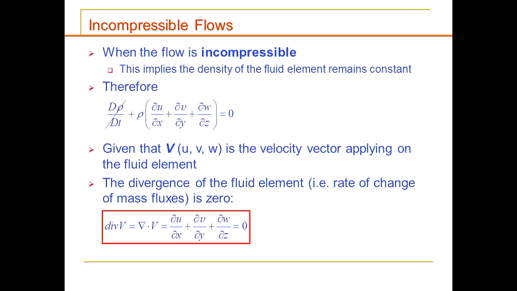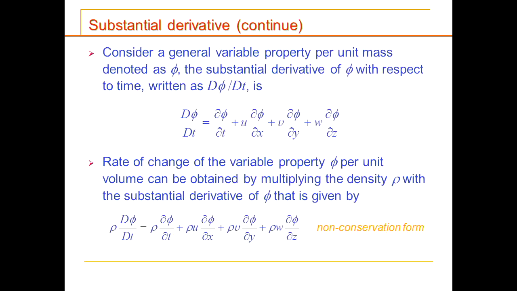Okay. I always repeat myself because I know what question will be coming out in the tutorial set problem. So, yeah. Okay, so this substantial derivative is also important while we are deriving the momentum equation.